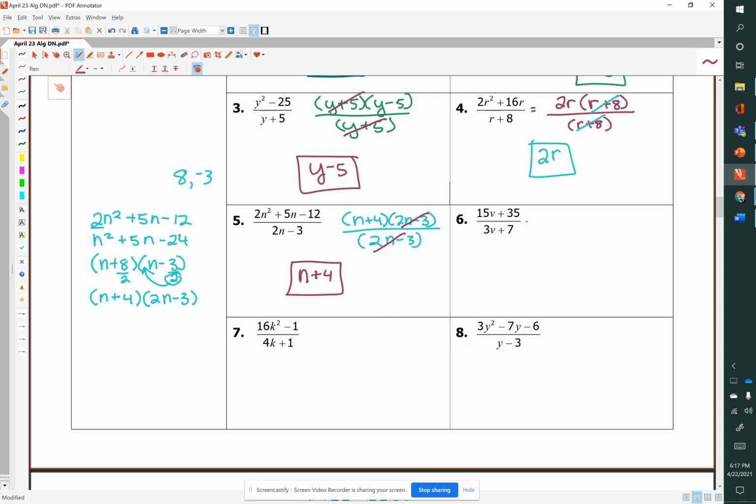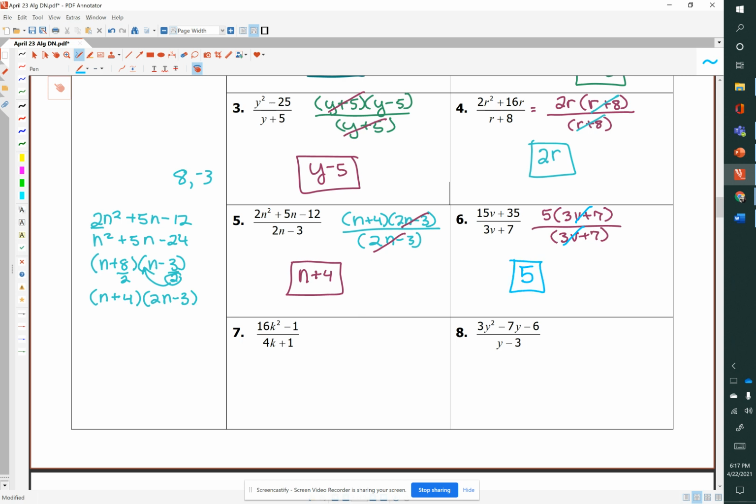Okay, in number 6, let's factor out a 5. So that would give us 3v plus 7, looking good. In the denominator, 3v plus 7. And when we cancel out the common factors, our answer is simply 5.